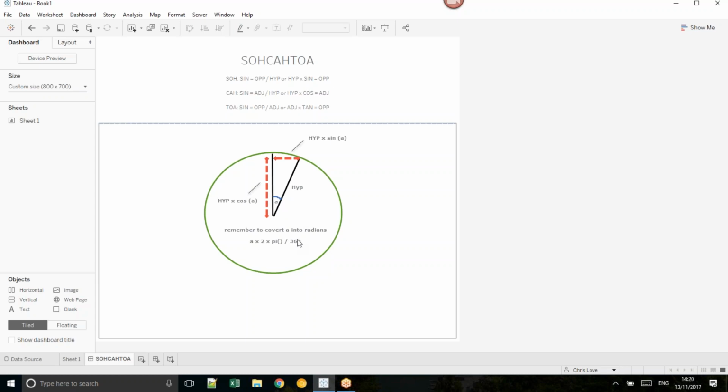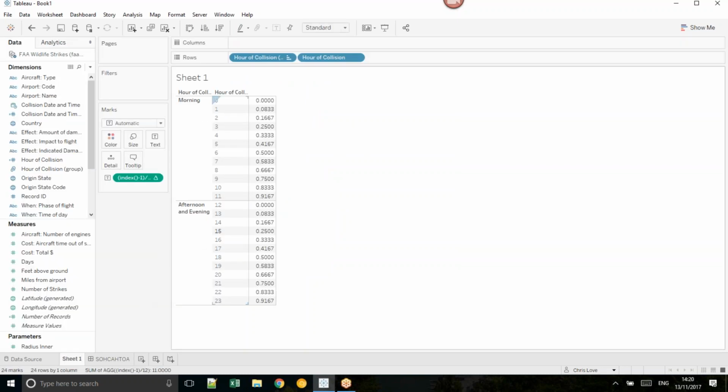So in essence, we can skip that step and simply multiply by 2 times pi to convert it to radians. So let's do that. 2 times pi multiplied by the index gives us the number of radians around the circle. Great stuff.